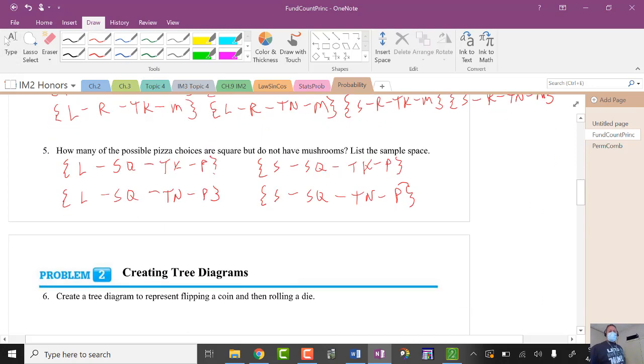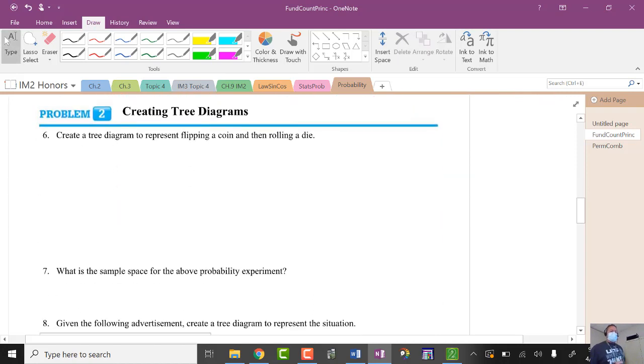Okay, moving right along. Let's see if we have a tree diagram. All right, so you didn't create a tree diagram yet. One was given to you. So creating a tree diagram to represent flipping a coin and then rolling a dice. Okay, so when you go to your homework, there are some trickier questions, like number 7.